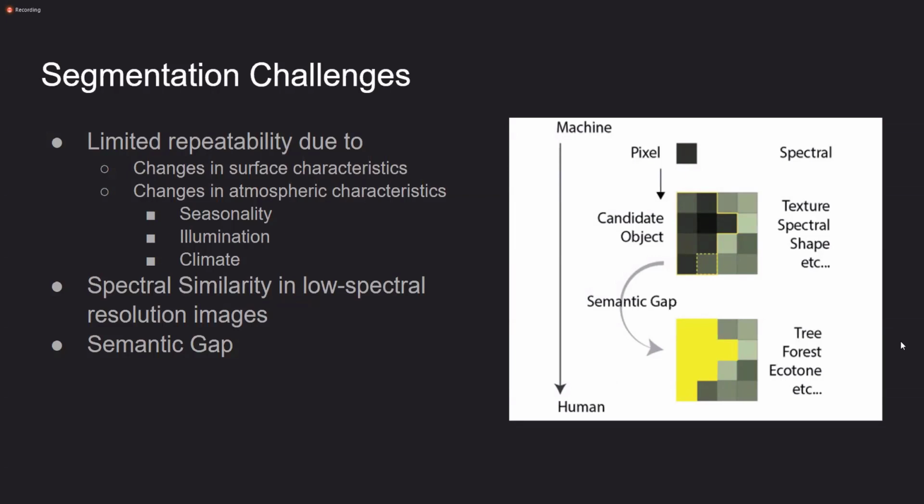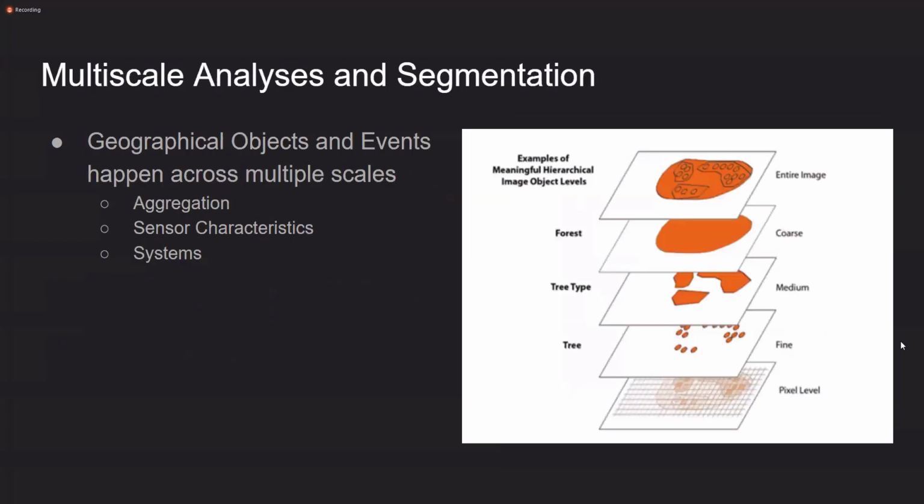Getting from that numeric representation to a semantic representation can be difficult at times. It's an area of active research for a number of different professions, including computer vision, medical imaging, and things like that. So it's not just geography oriented.